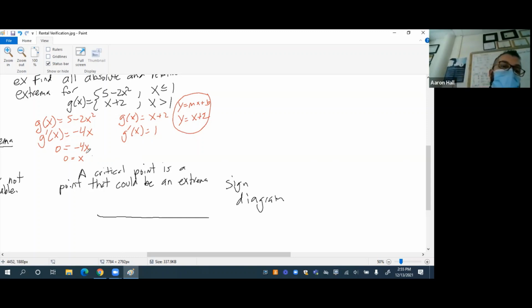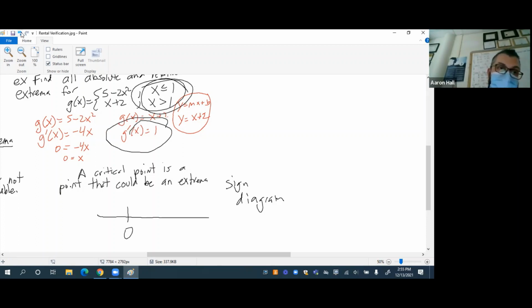And I have two critical points that I see. One is when x is 0. That's what I found using the first piece of my piecewise. That's a critical point. And also, because of that transition point from one graph to the next, not this slope here, that's a different one, that is also a critical point.